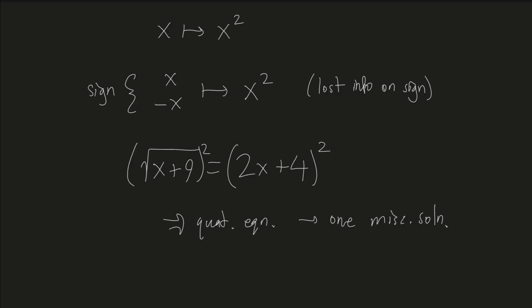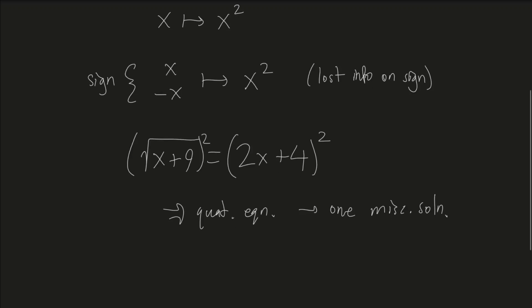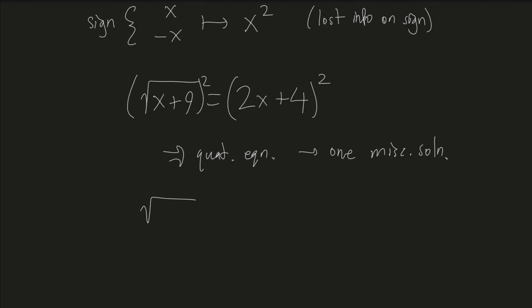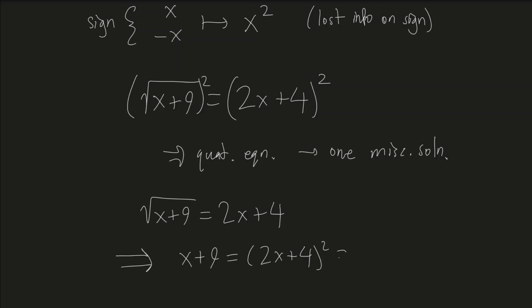Now, why does that happen? Well, if I say that x satisfies this equation, it's perfectly fine to say that x satisfying this equation implies that x also satisfies this equation. We can expand this out to get 4x squared plus 16x plus 16.